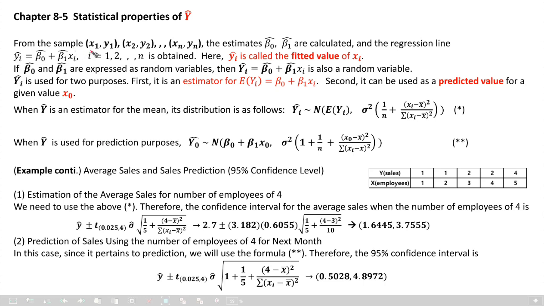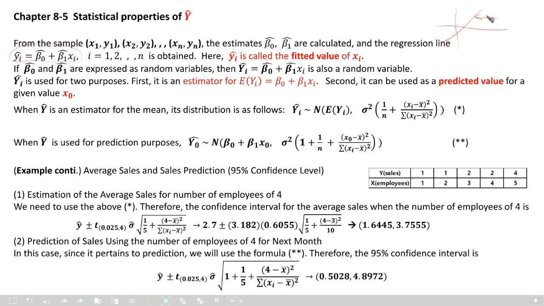From a sample x1, y1, x2, y2, ..., xn, yn, n paired data, the estimates beta 0 hat and beta 1 hat are calculated, and the regression line is yi hat equal to beta 0 hat plus beta 1 hat xi, i from 1 to n. This is a fitted, estimated line.